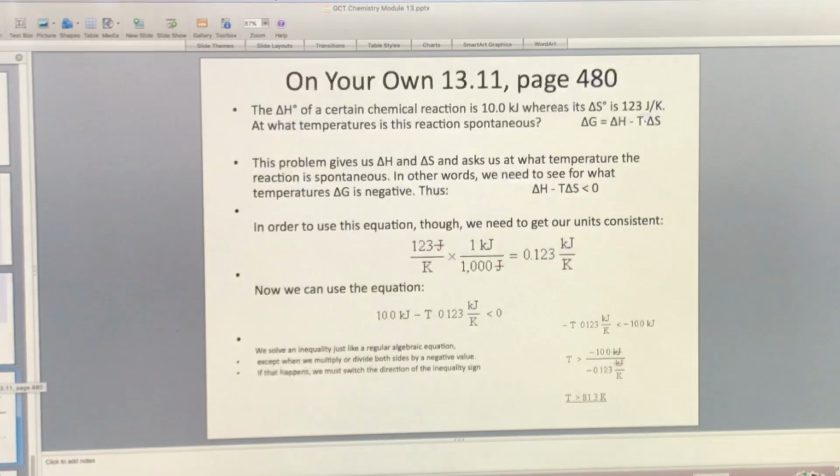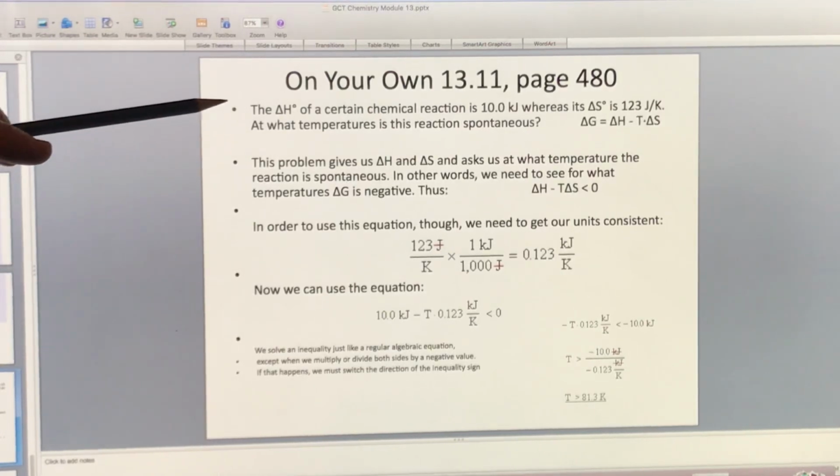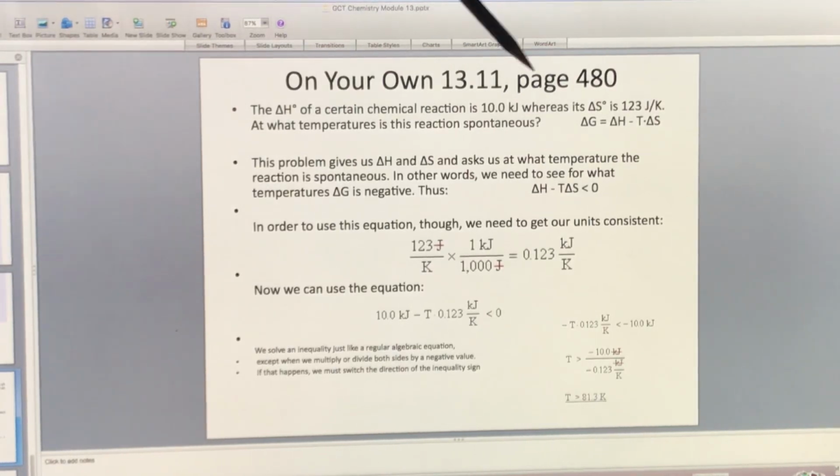All right, let's look at 13.11. We're on page 480, and we have another question. It says, the delta H of a certain chemical reaction is 10.0 kilojoules, where its delta S is 123 joules per degrees Kelvin.